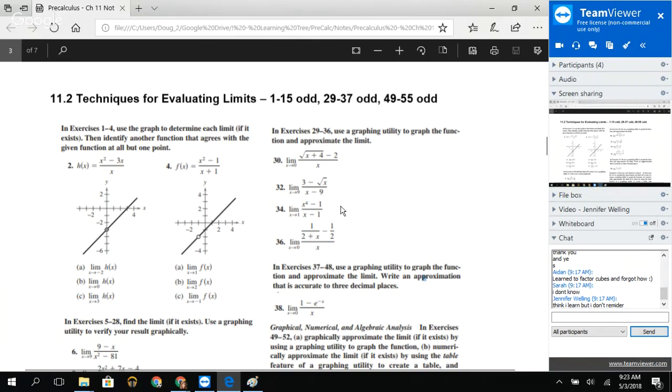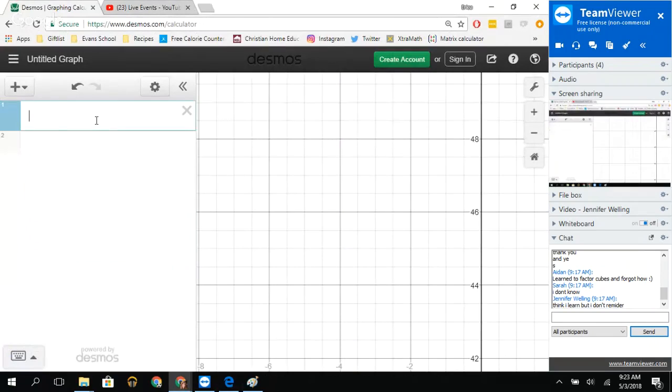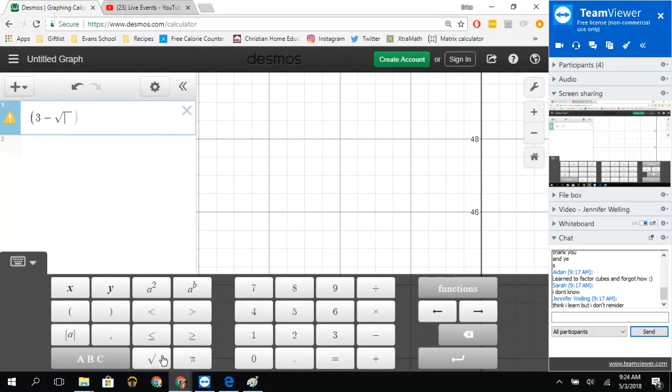I think these problems are a little easier because they want you to go straight to graphing, right? We're just going to pop in your graphing tool, type in the function, and make sure you get the function in right. Use extra brackets so that we make sure we're dividing the right things. I think Desmos does a little better job of visually showing you what you're graphing.